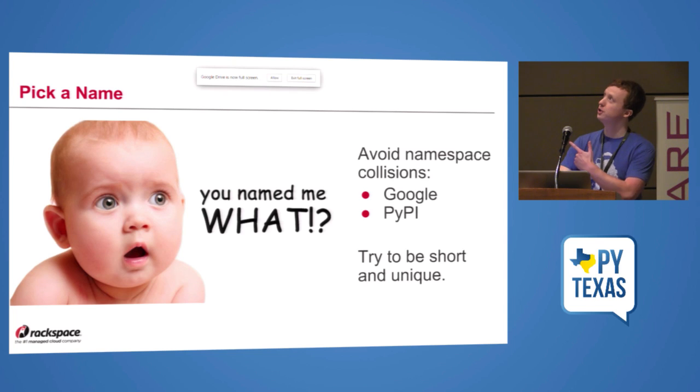Also, you should check out PyPI, the Python package index, because someone might have already taken your name. Actually, when I put Arsenal into the package index, I found out that someone had already taken the Arsenal name, so I had to pick a different name to put in there. Probably a soccer fan. Maybe.